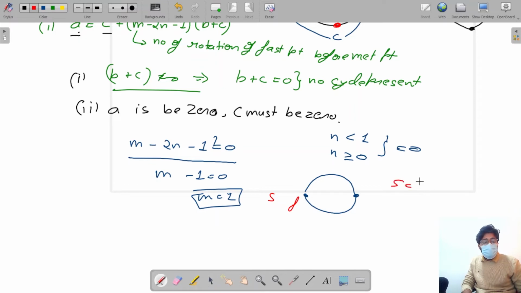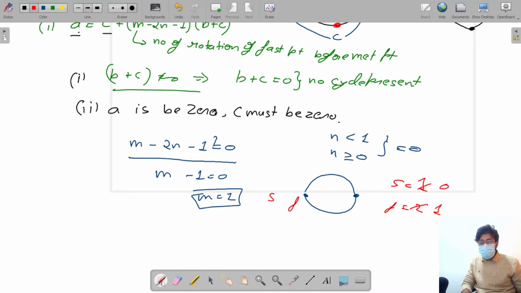Slow did one rotation, and fast did two rotations, right? But in reality, slow did zero rotations and fast did one rotation, because the second rotation of the fast is not considered, because at that rotation it has already met. Fast meets the slow, so the second rotation is not considered.